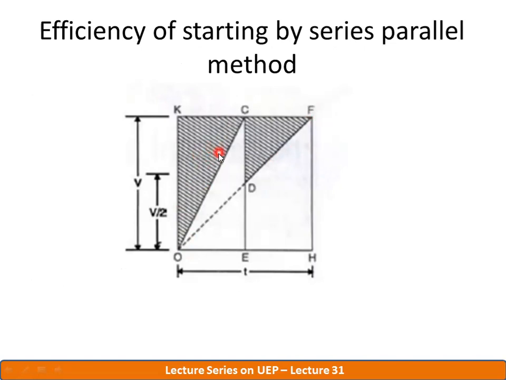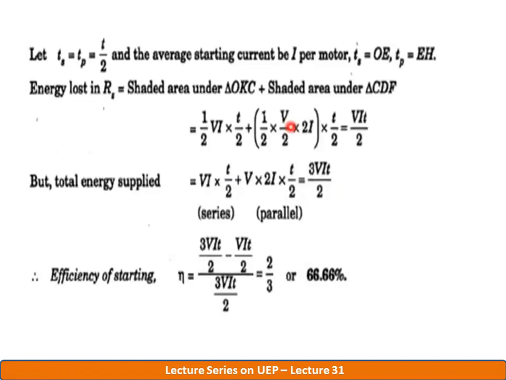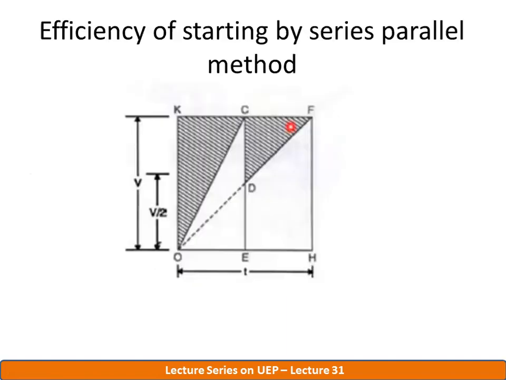The area under triangle OKC is related to the energy loss during series operation, and the area under triangle DCF is related to the energy loss during parallel operation. As we know, the area of a triangle is half base times height. The height is V and the base is T by 2 in both cases, so the area is V by 2.